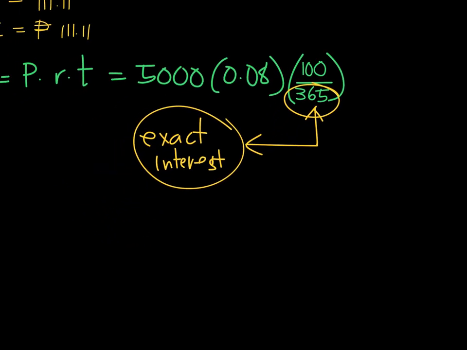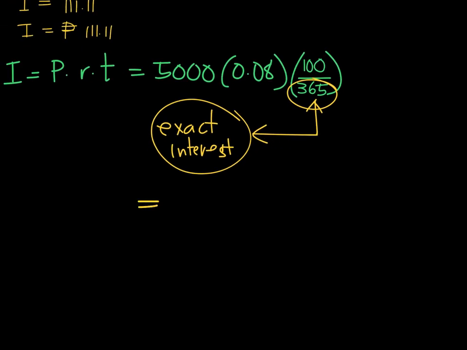And then again, after you have that set up, all you have to do is to compute for the value: 5,000 times 0.08 times the fraction 100 divided by 365. It is best if you have a scientific calculator with natural display because all you have to do is to copy how it is written on the screen.